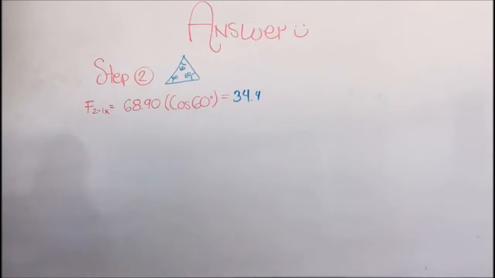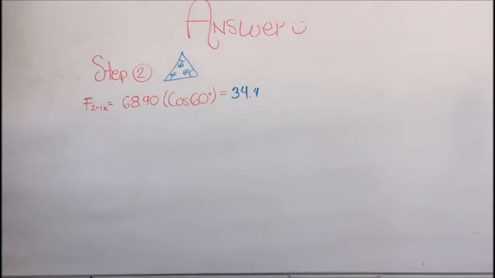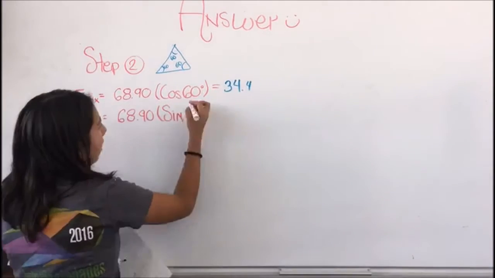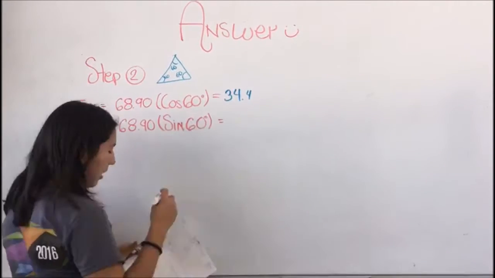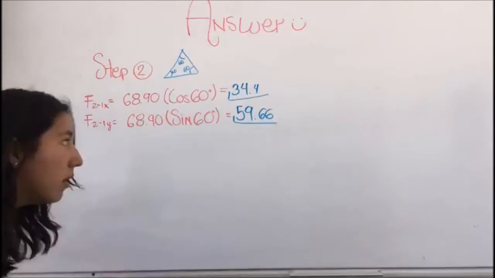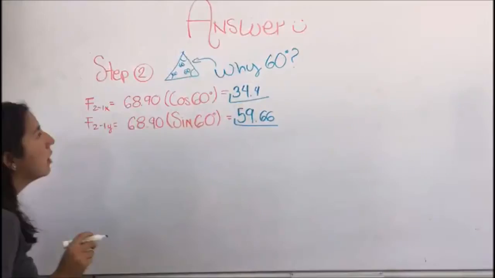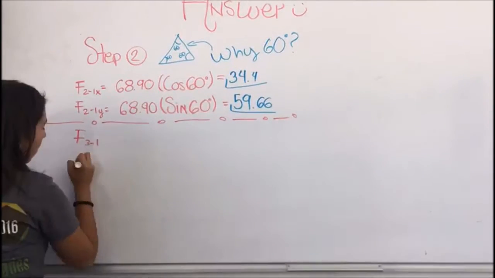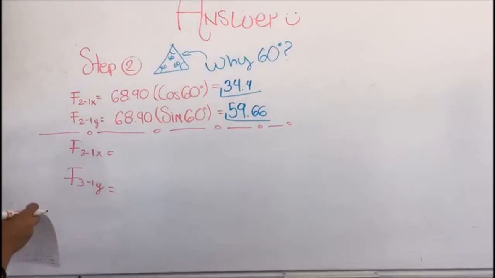And then to find 2 to 1 y, we're going to multiply the same 68.90 by sine of 60. Then we're going to do the same with the value of F 3 to 1.